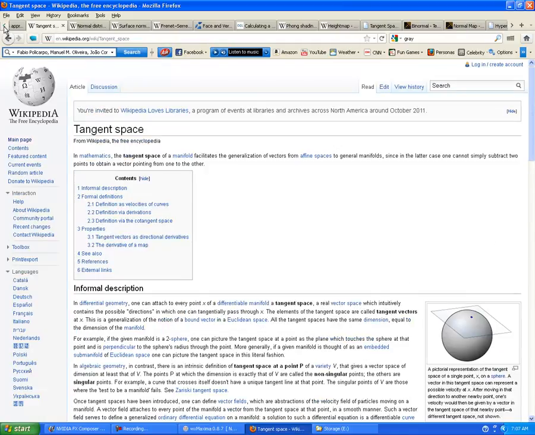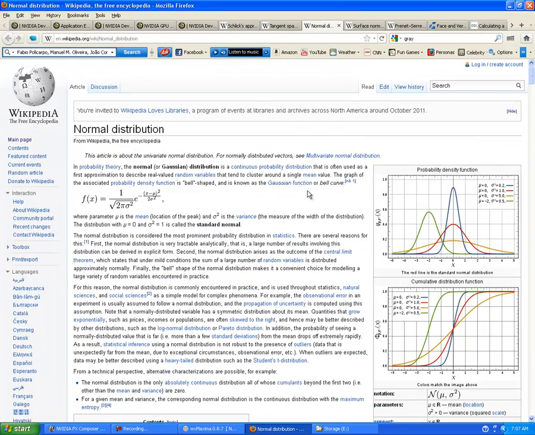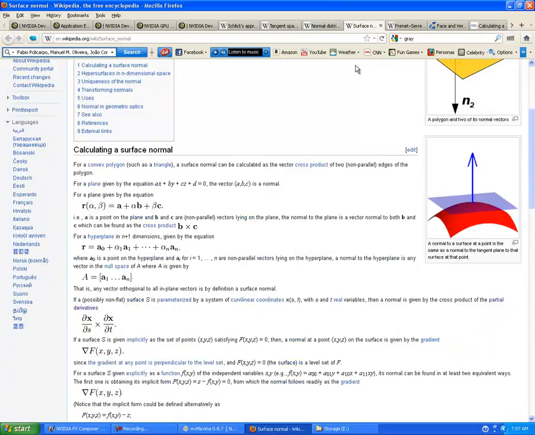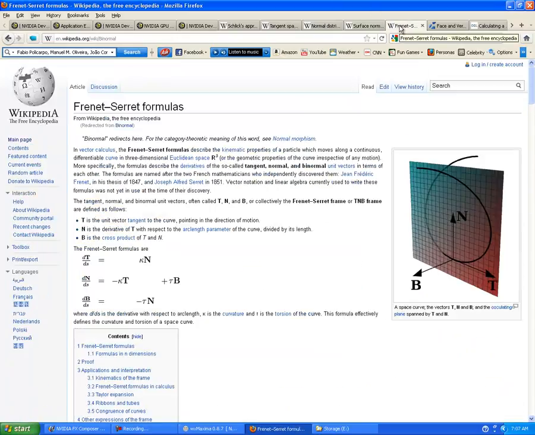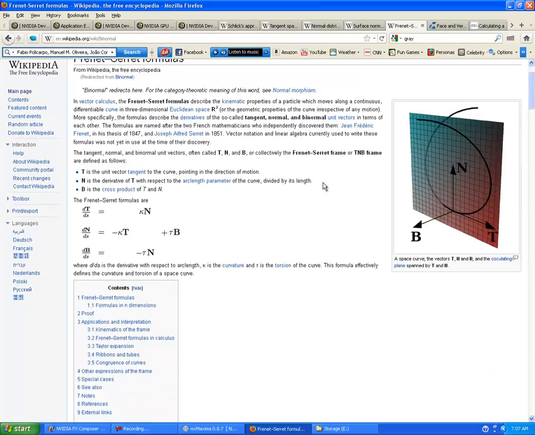Alright. Did tangent space. Got too many of these open, right? Alrighty. So, and then here's a good example of it. So normal, tangent, and could be either binormal or bitangent depending on the circumstance.